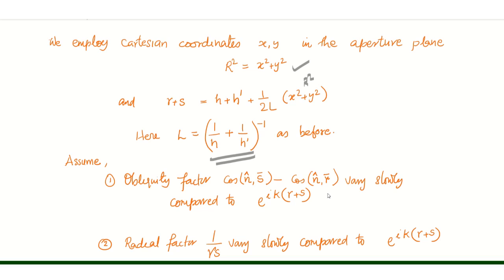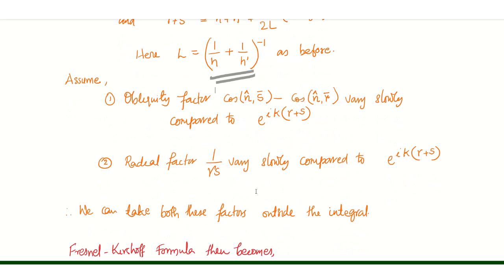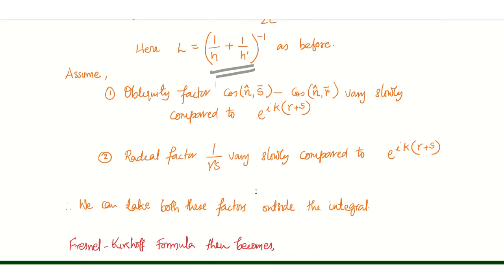As in the case of Fraunhofer diffraction, we make two assumptions. First, the obliquity factor, the cosine of the angle between the unit vector n and s minus the cosine of the angle between the unit vector n and r, varies very slowly compared to e to the power i k s.